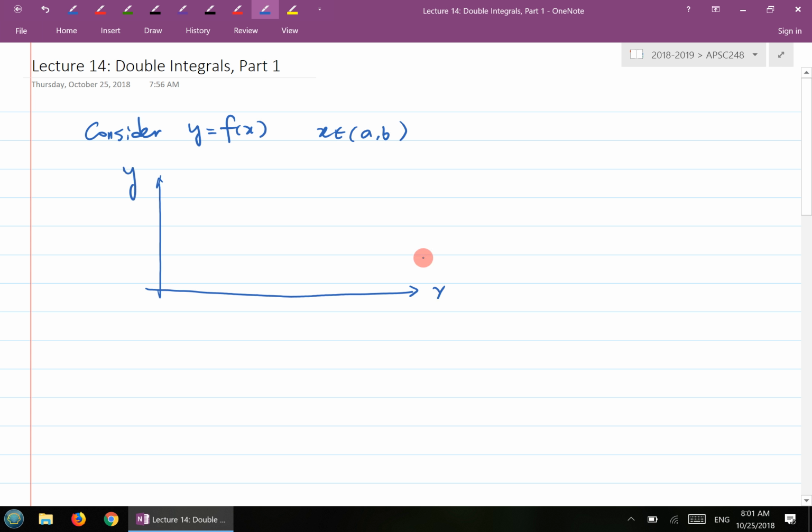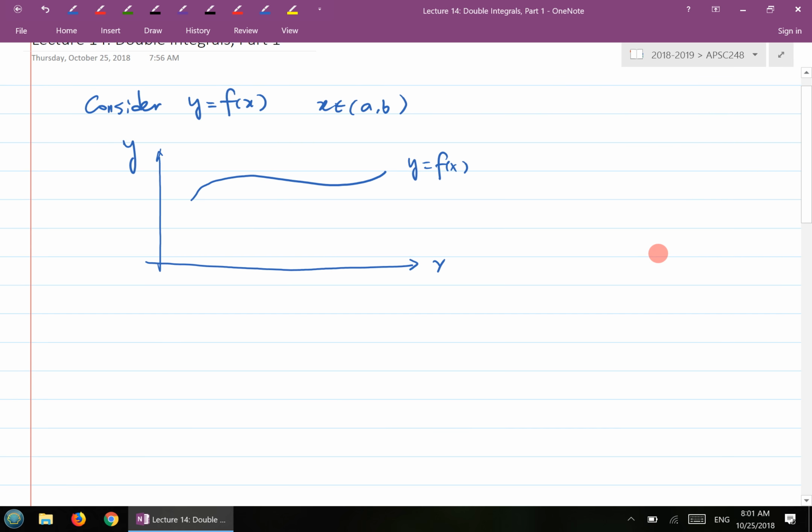Let's take a quick review of how integrals of functions of a single variable were conducted. If this is a function f of x here, and we're going to calculate the area underneath this curve here, how do we do that?